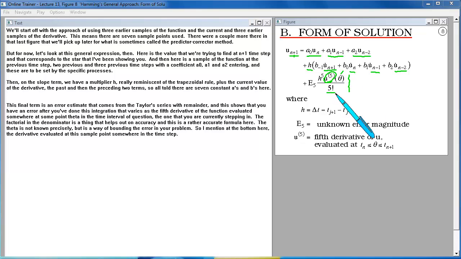The factorial in the denominator is a thing that helps out on accuracy, and this is a rather accurate formula here. The theta is not known precisely, but is a way of bounding the error in your problem. So I mentioned at the bottom here the derivative evaluated at this sample point somewhere in the time step.